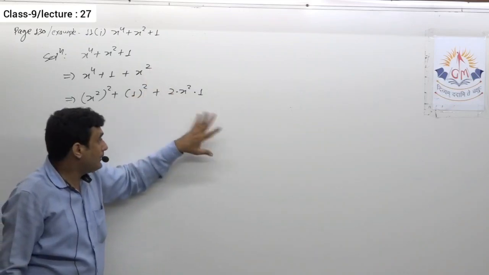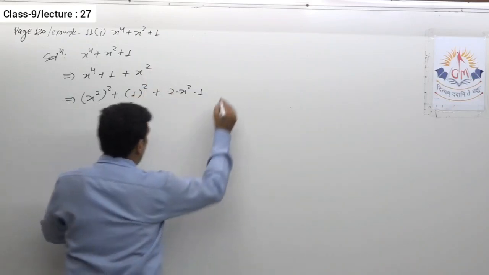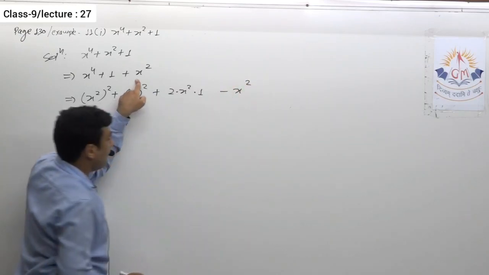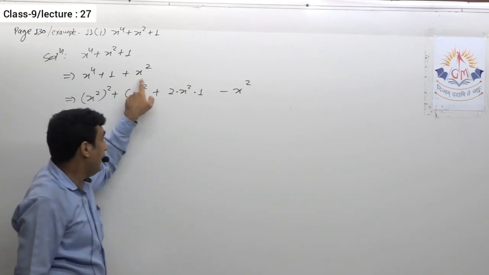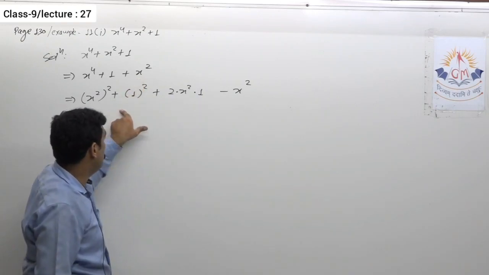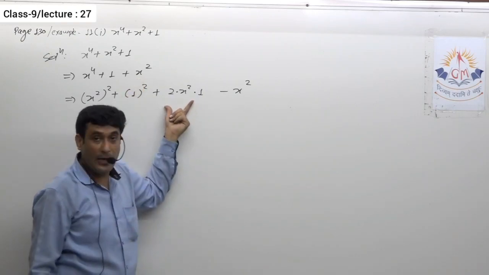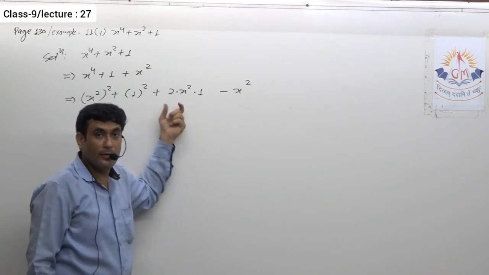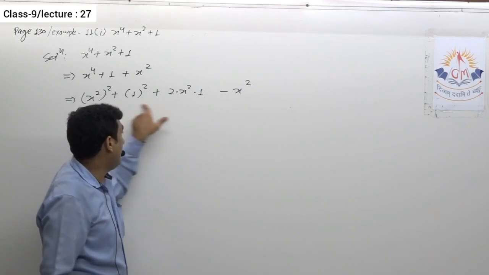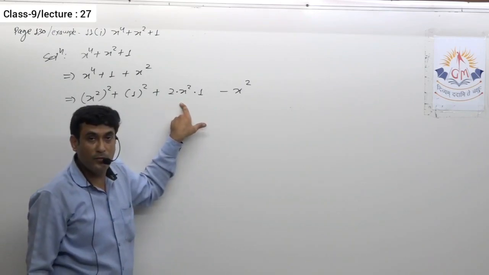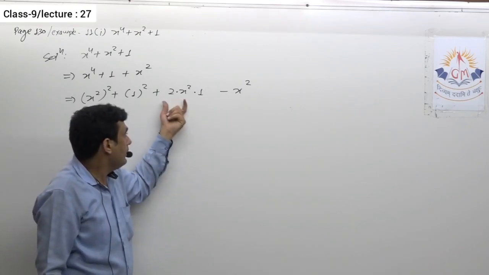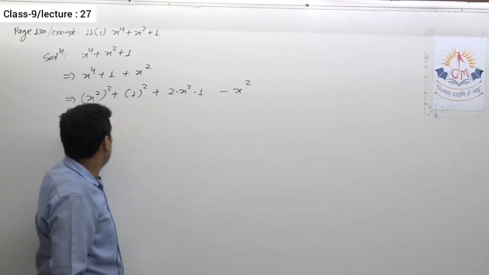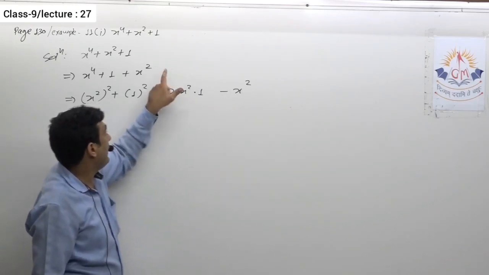But actually here we have x square, and when I write this in the form of an identity, I am getting 2x square. That means 1x square is extra when I convert the terms in the form of an identity. So this one extra x square I subtracted, so that I'll get the given expression.